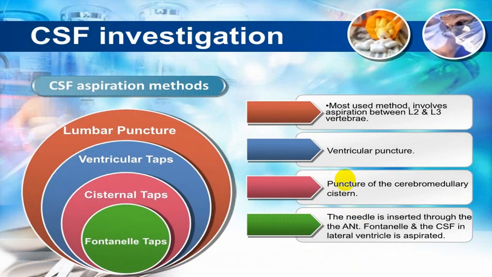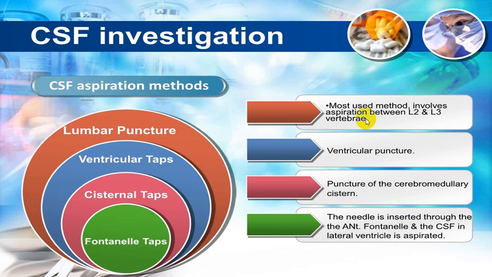The most common method which is utilized is lumbar puncture between L2, L3 spine or L3, L4 spine. You can go for a ventricular tap, not very commonly done, but while doing a ventricular tap, you will have to do a burr hole, and through the burr hole, you introduce a needle into the lateral ventricles and then obtain the CSF. Very rarely is this method utilized for obtaining CSF for analysis or investigations.